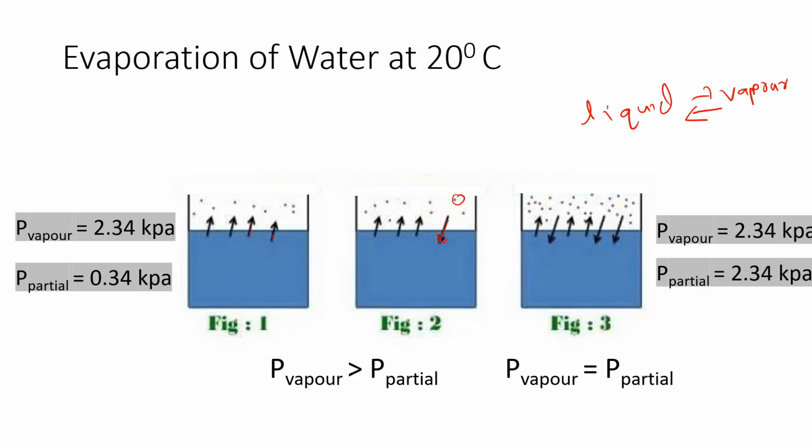So in figure 3, when the phase equilibrium is established, vapor pressure is equal to 2.34 kilopascal and partial pressure is equal to 2.34 kilopascal. On the left hand you can see that in figure 1 the vapor pressure is equal to 2.34 kilopascal and partial pressure is equal to 0.34 kilopascal. In figure 1 there is no phase equilibrium, and in figure 3 there is phase equilibrium.